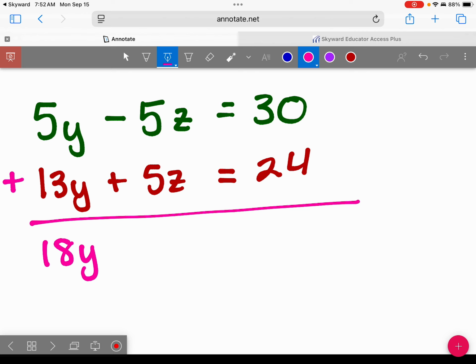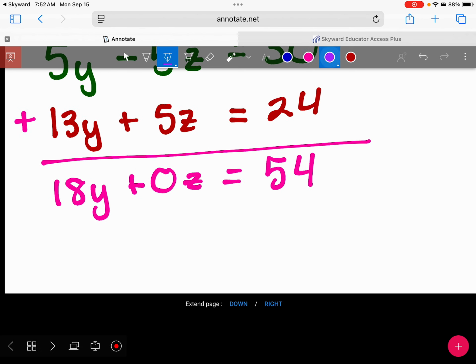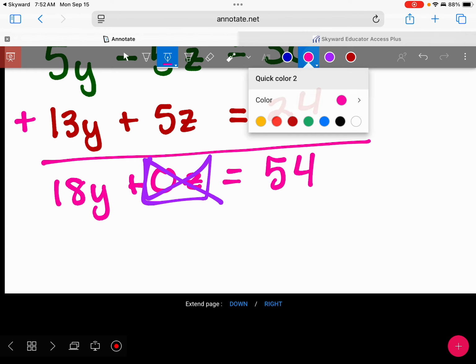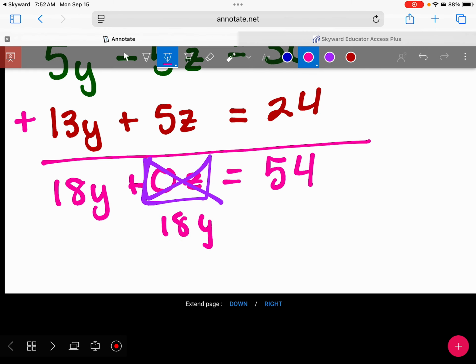We're going to wind up with 0 z's. And our 30 plus 24 gives us a 54. So we're left with just our 18y equals 54.